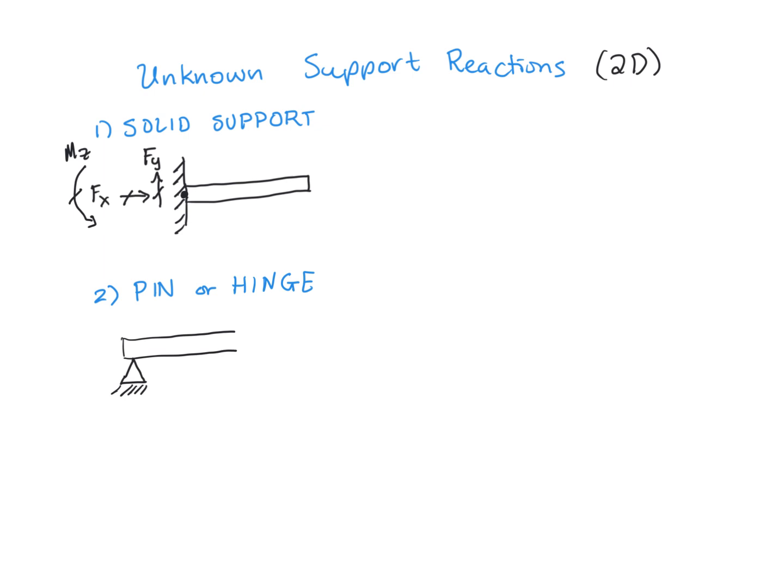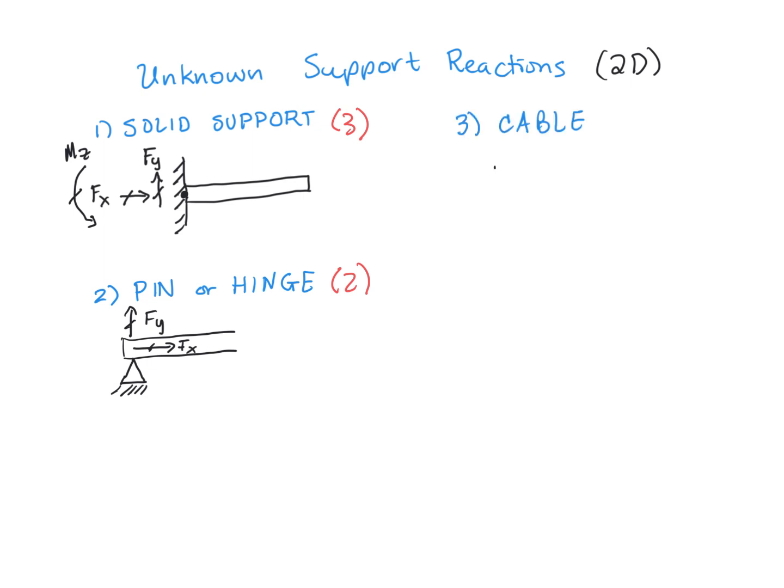And so this will prevent movement in the x direction, and it'll prevent movement in the y direction, but it doesn't prevent rotation because it can rotate around that. And so that has 2 unknown support reactions. So there's 3 of them here. There's 2 of them here.